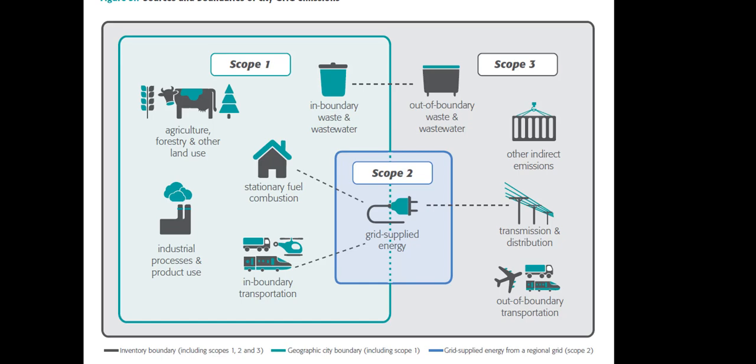Scope 1 emission may also be termed as territorial emission because they occur within the territory defined by the geographic boundary.